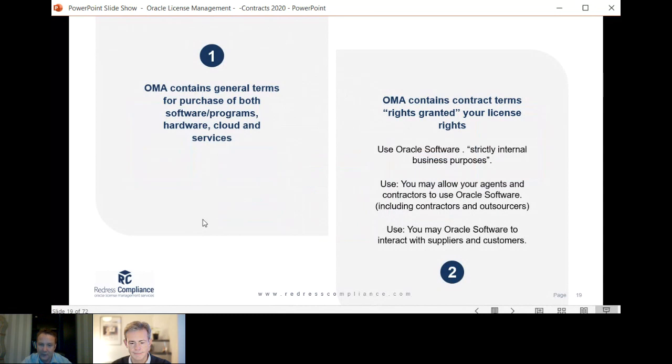But what it does say as well is that you may allow your agents and contractors to use the Oracle software. So, for example, if you're running Oracle ERP and you have suppliers looking at purchase orders or connecting to your Oracle internal business licenses, they allow agents and contractors, and this is sort of partners and suppliers, to use the Oracle software.